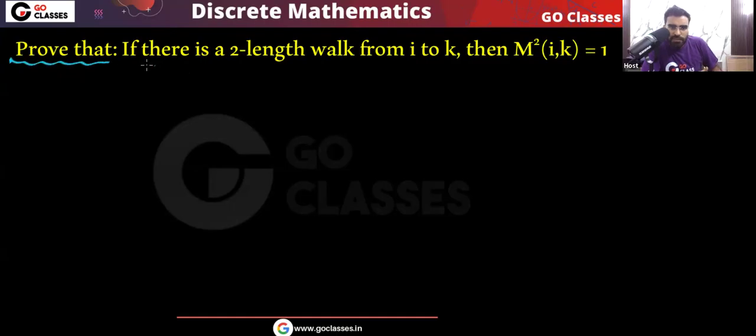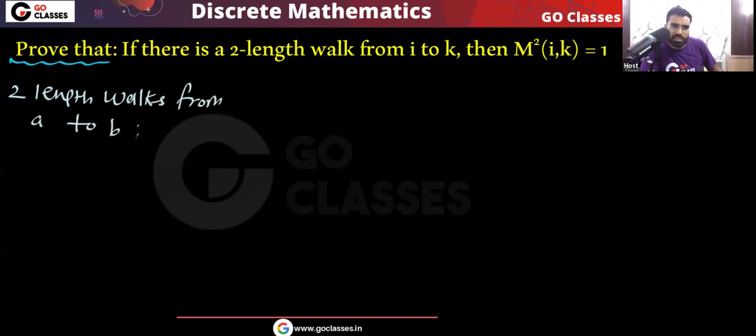if there is a two length walk from I to K, then the IK entry will be 1. Tell me, if there is a two length walk from I to K, then what are the possibilities? For example, what are the possible two length walks from A to B?